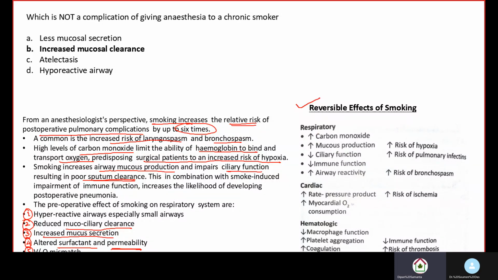So go through this table as well. Basically, for a smoker, what happens? Airway mucus production is already increased.